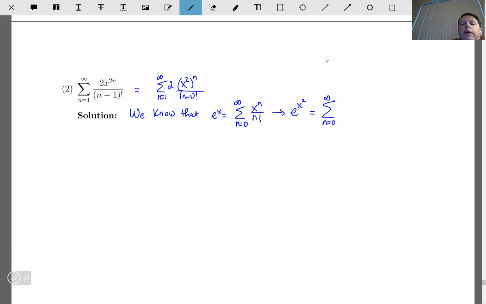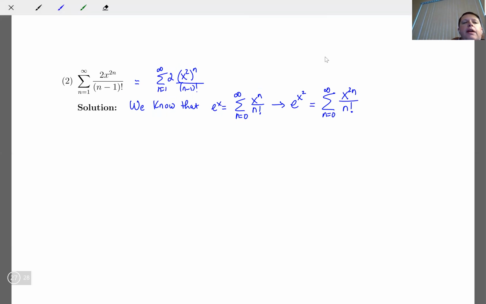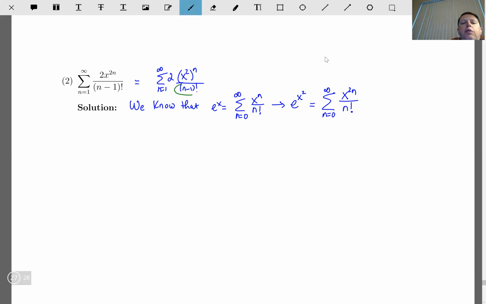And when we do that, we get an x to the 2n over n factorial. Now, that might not look like we've gotten anywhere, but now we're looking and we see that we have an n minus 1 factorial in the denominator, which to me says maybe we differentiated.